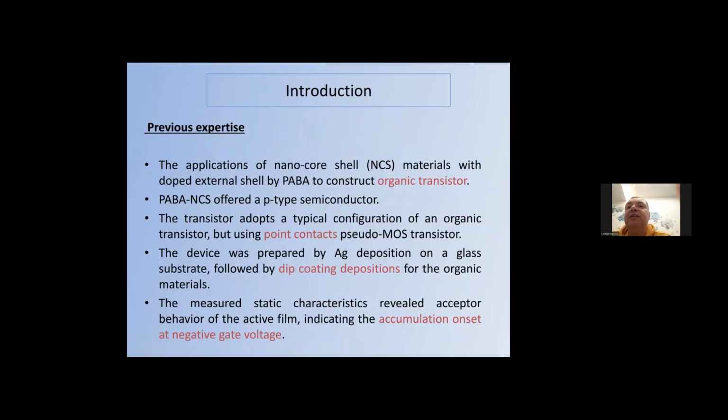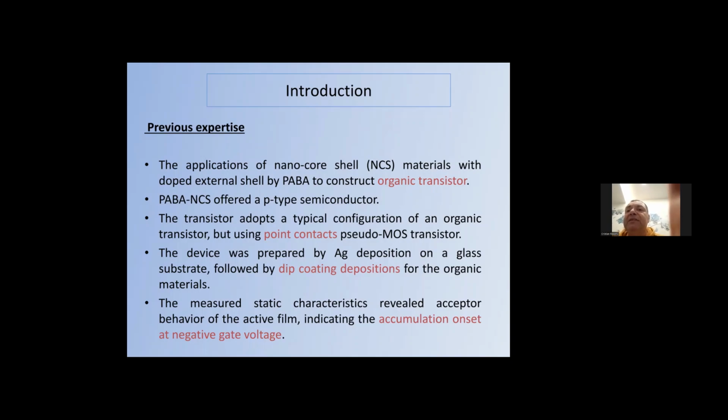PABA nanocore shell offered p-type semiconductor behavior, and the transistor adopts a typical configuration of an organic transistor. We use the point contact configuration, usually named pseudo-MOS transistor, for testing. The device was prepared by silver deposition on a glass substrate, followed by dip coating deposition of the organic materials.